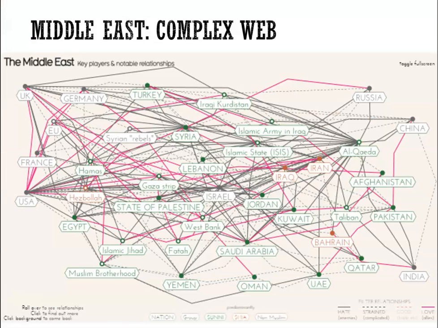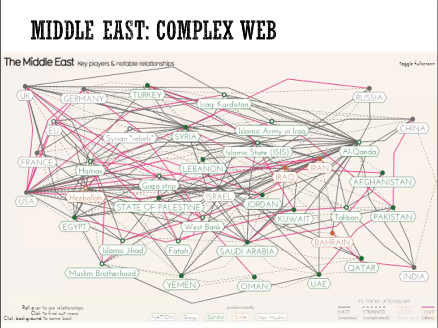Now, I don't expect you to figure out all of these various components, but I put this up here to show you how interrelated many things are. Okay, how interrelated they are. On the left, you see the West: UK, USA, France, Germany.